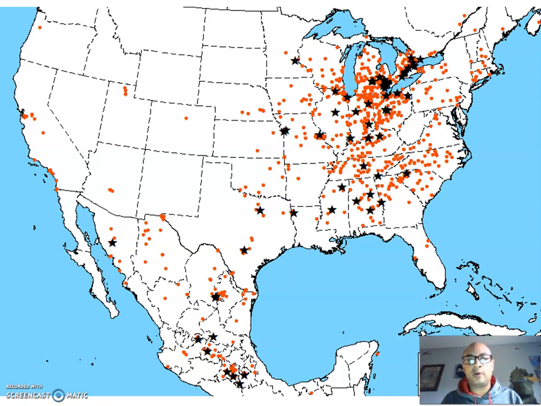If you look at this map here, all of the black stars are automobile assembly plants. It's called Automobile Alley, is what we call this area of the United States. And if you look at the red dots, these are where part suppliers are located. And you'll notice that the majority of those part suppliers are located closest to their customers, right? The automobile manufacturers. So that's important to know as well.